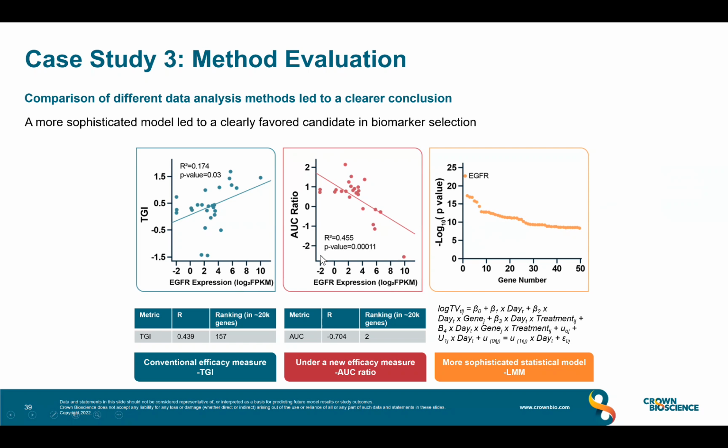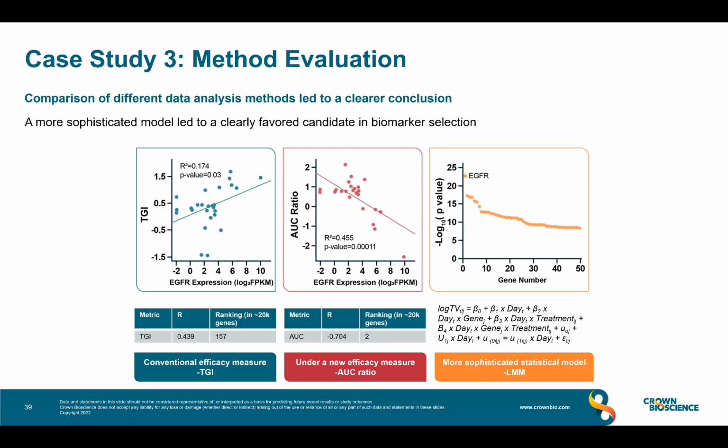AUC ratio is the ratio between the AUC of the tumor growth curve from the treatment group and the AUC of the tumor growth curve from the vehicle group. Lower AUC ratio means better efficacy. Based on AUC ratio, we could see a better correlation with EGFR expression, and the gene ranked at second place.